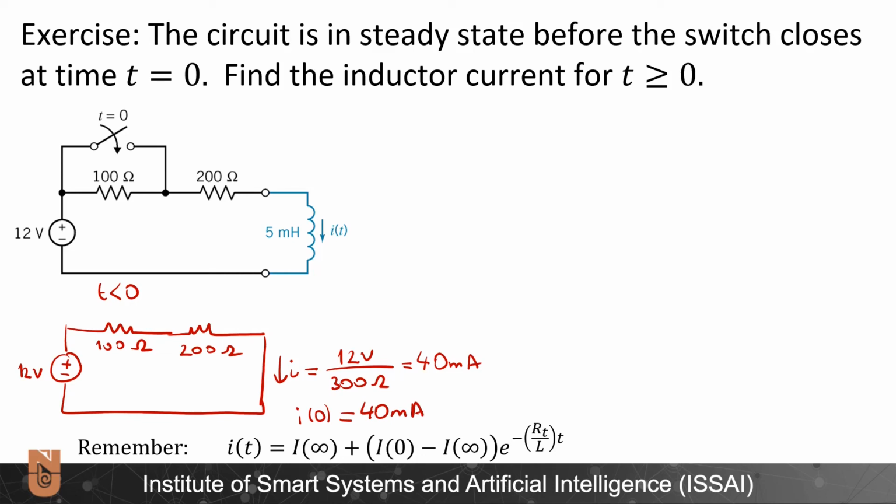Now I need to draw the equivalent circuit for t greater than 0. However, here I have an inductor, therefore I need a Norton equivalent circuit.